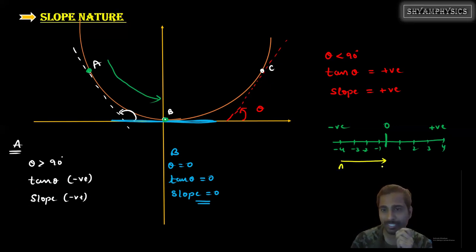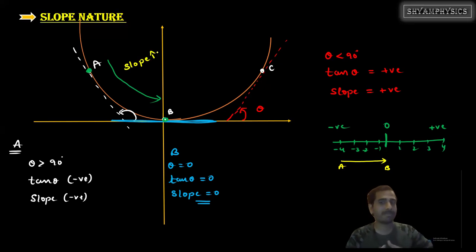This is point A, this is point B. Whether the number is increasing or decreasing? Obviously it is increasing. Means from A to B, the slope is increasing. Understand my point, what I'm saying? That is negative, this is 0. Negative to 0 means it is increased, right? The slope is increased. Very good.